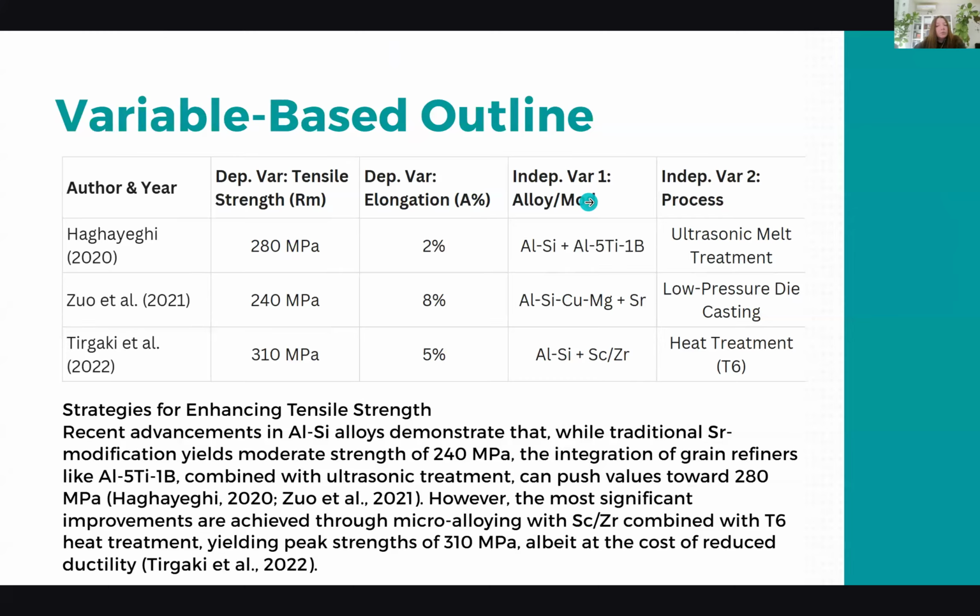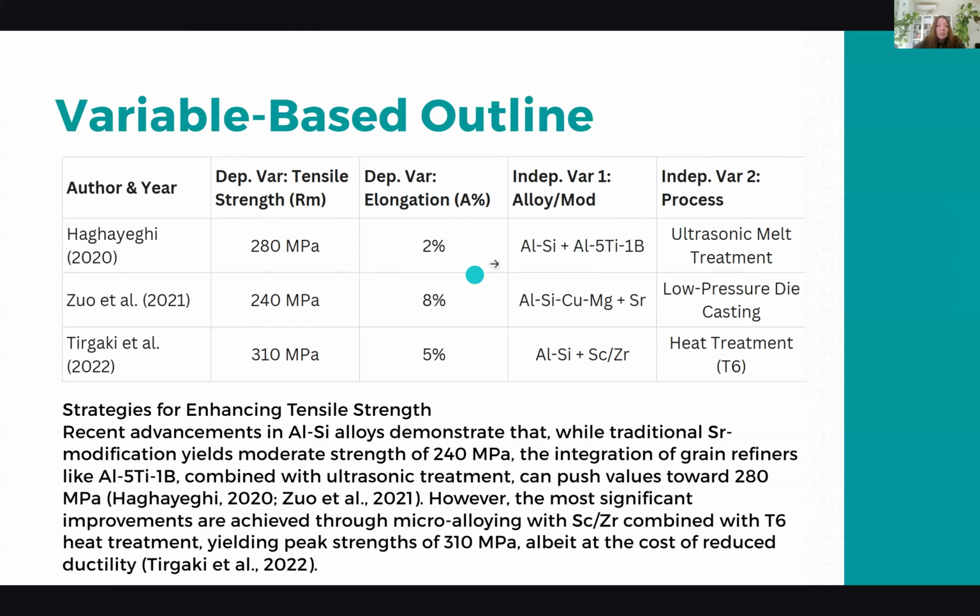And then there are two independent variables, alloy plus inoculator and the technological process or different technological parameters affecting those dependent variables.